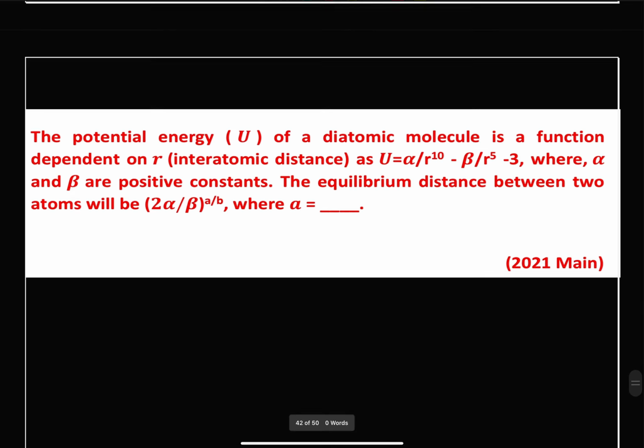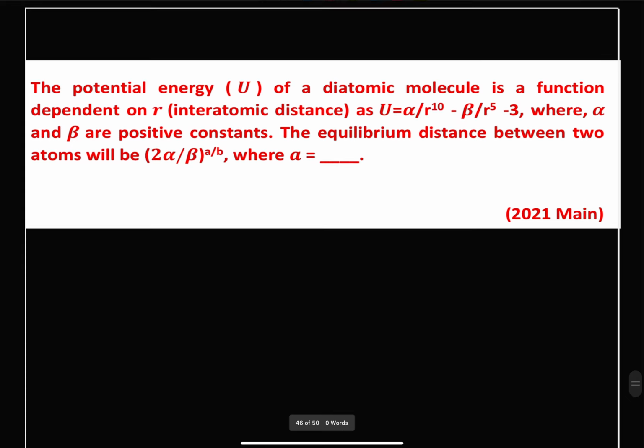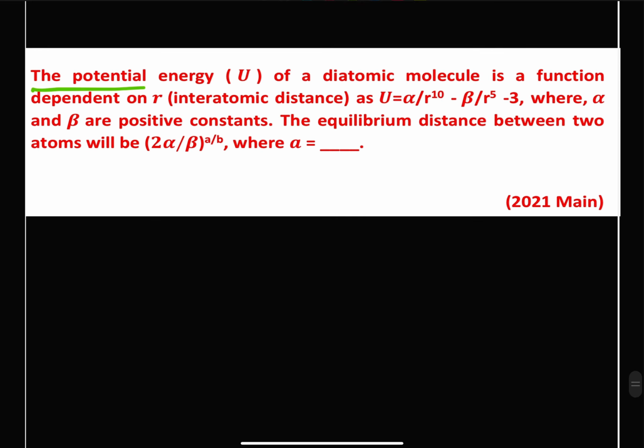Next question. It states that the potential energy U of a diatomic molecule is a function dependent on r, that is intermolecular distance, as U is equal to alpha divided by r raised to power 10 minus beta divided by r raised to power 5 minus 3, where alpha and beta are positive constants.